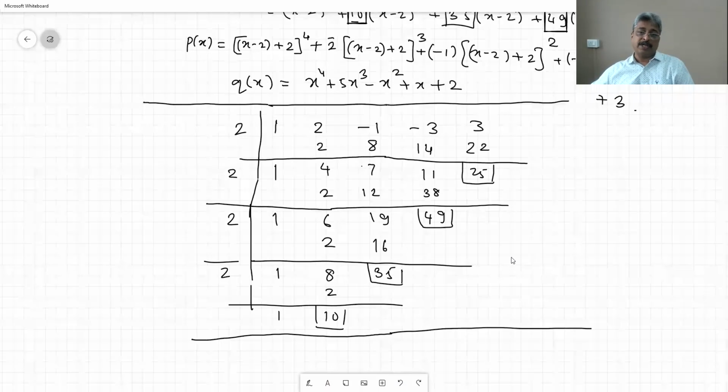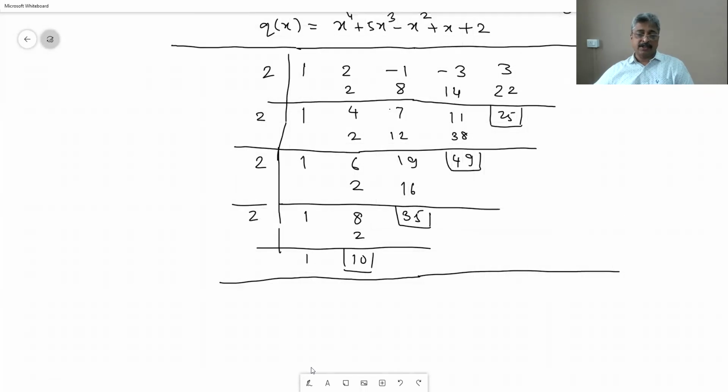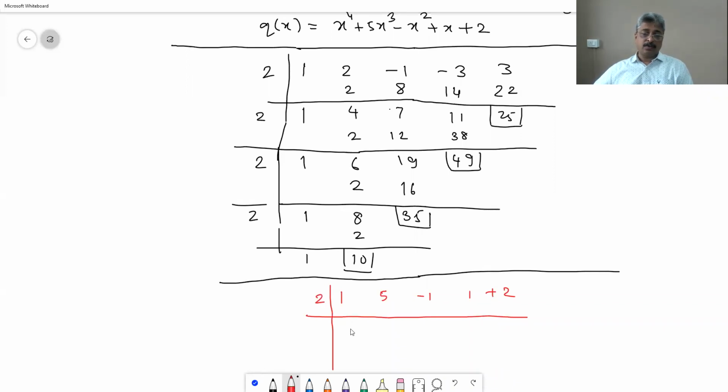Yes. So now let us do it for the second one very quickly, quicker than this. 1, 5, minus 1, 1, 2, with 2 on the side. 1, 2, 7, 14, 13, 26, 27, 54, 56.